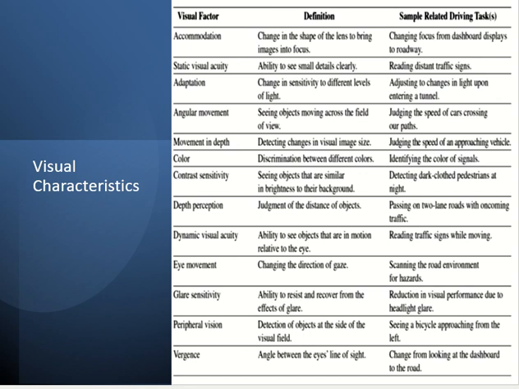So for example, accommodation. Accommodation means changing focus for looking at different objects. When you are taking pictures, your camera has autofocus, but it takes maybe half a second to focus when you change the angle or the distance, otherwise the image will be blurred.